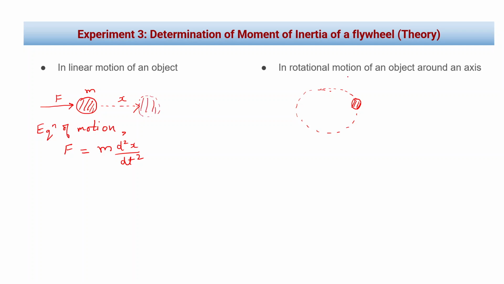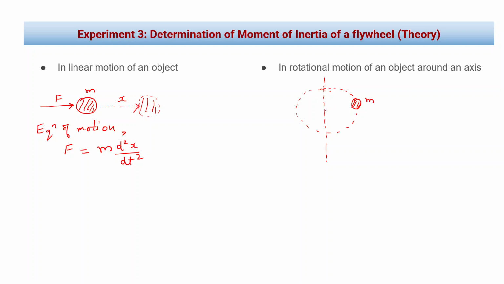The same object of mass m is moving in this circular path, and let's consider here is the axis, and around this axis it's rotating.